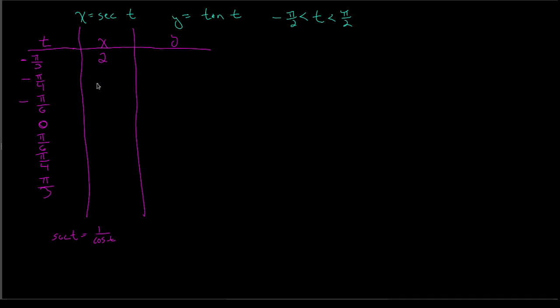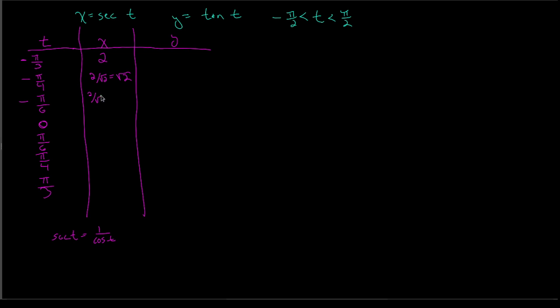So negative pi over 4, the cosine is root 2 over 2, so this is 2 over root 2, which is equivalent to root 2. And then negative pi over 6 is when cosine is root 3 over 2.